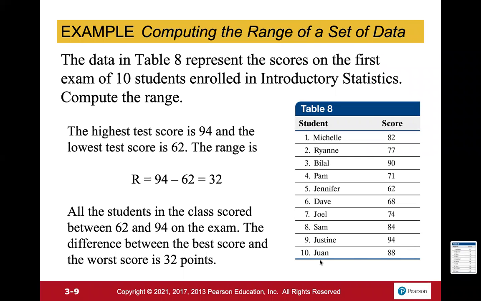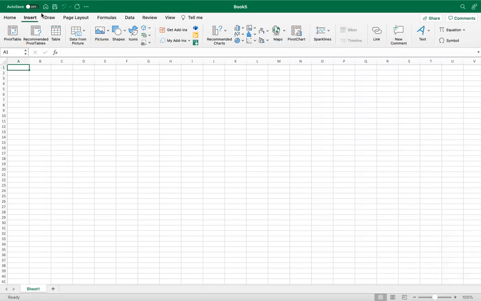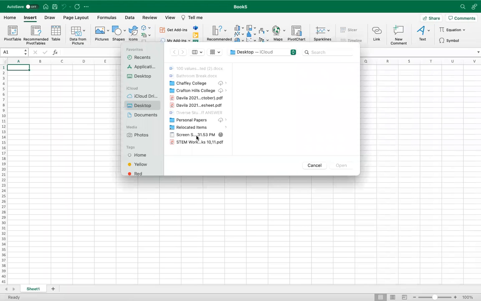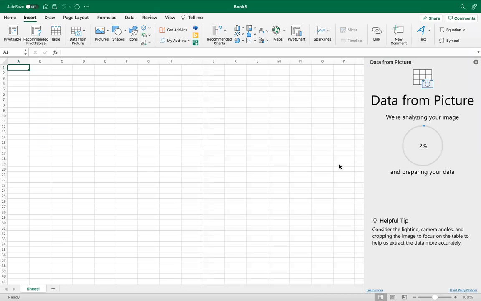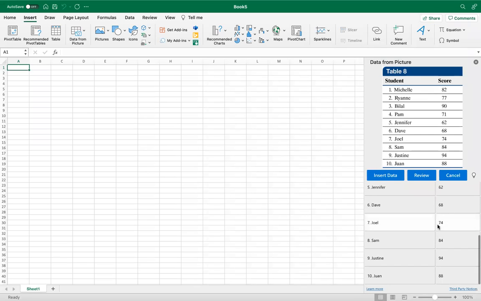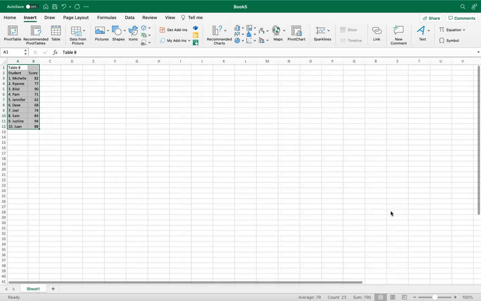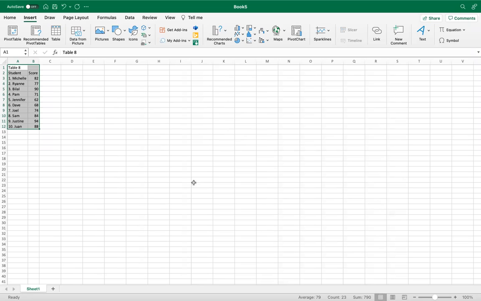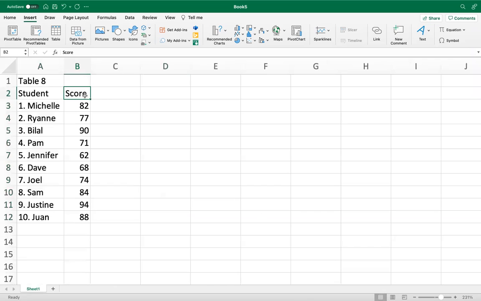Once we get that, we can take it over to Excel, insert data from picture, picture from file, and for me, my screenshot right here. Looks about right. So insert the data, even with those two mistakes. And now we have this data set here. So this is the data that we're going to record.